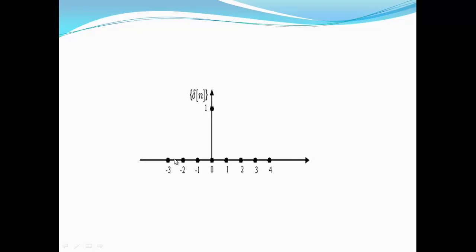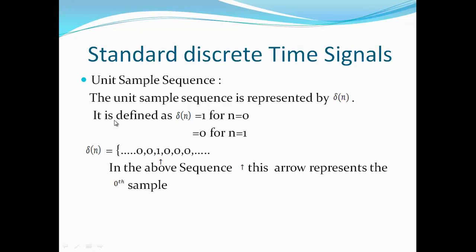Its y-axis value is 0 throughout, and it is 1 only at the 0 sample instant. The unit sample sequence is represented by delta n, or del n, or you can also call it the delta function.